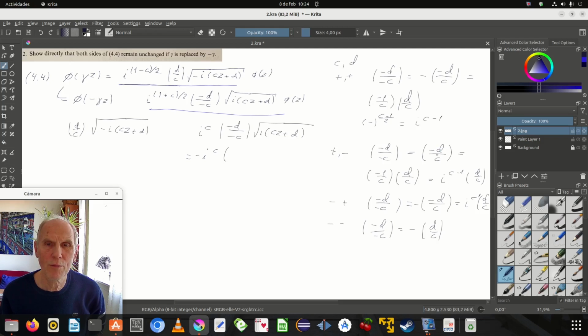Here they are both positive, so there's no change of sign. Here, minus d over c, both are negative, so there is a change of sign. And here both are negative, so there is a change of sign.